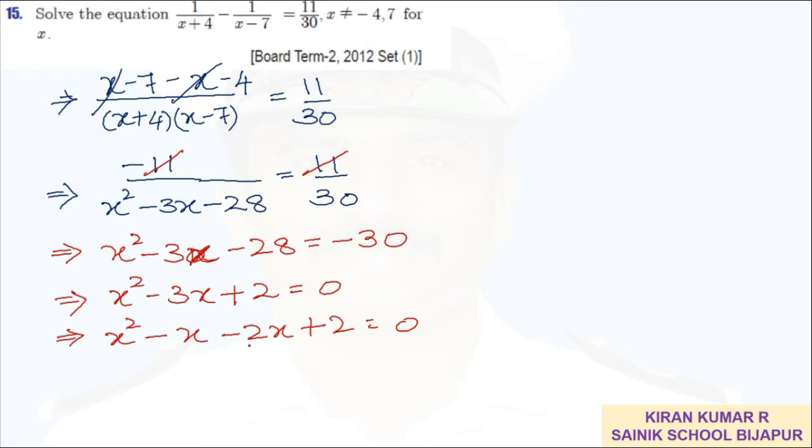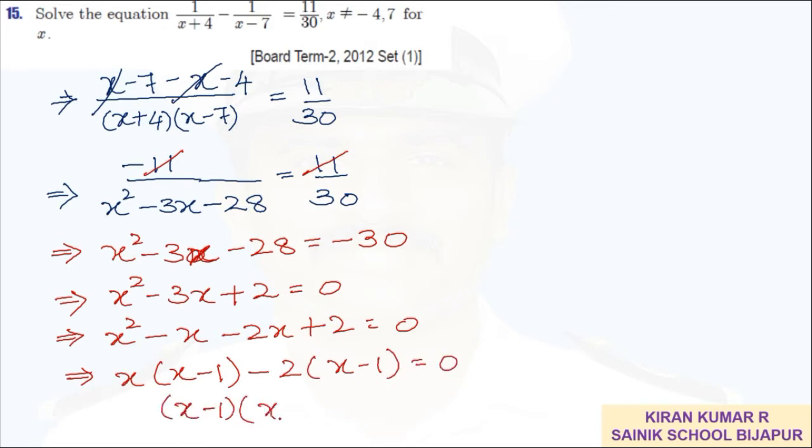So I have split the middle term as minus x and minus 2x. Now in the next step, I'll take common by grouping them. Therefore, x minus 1 multiplied by x minus 2 equal to 0. Hence, we get the value of x as positive 1 or positive 2.